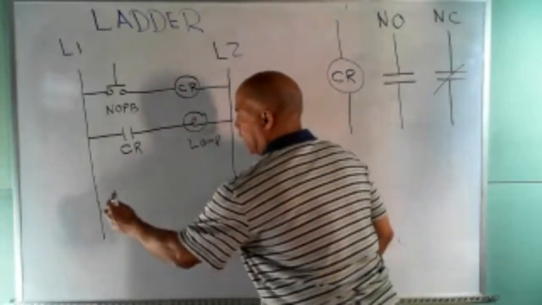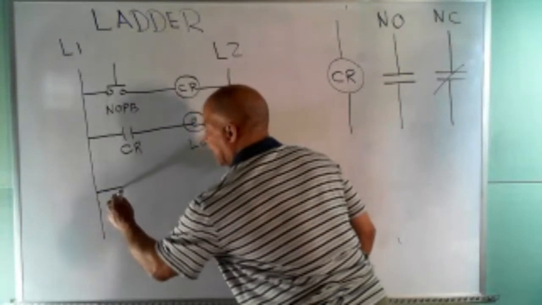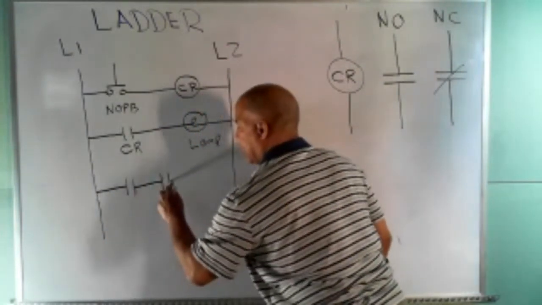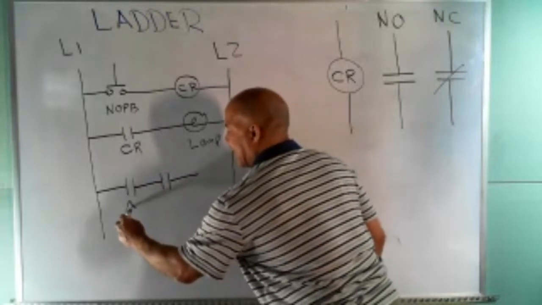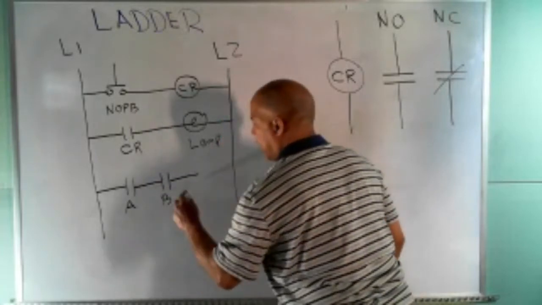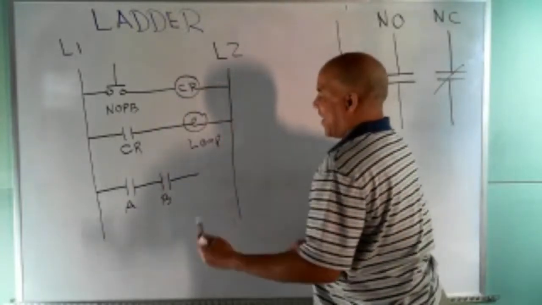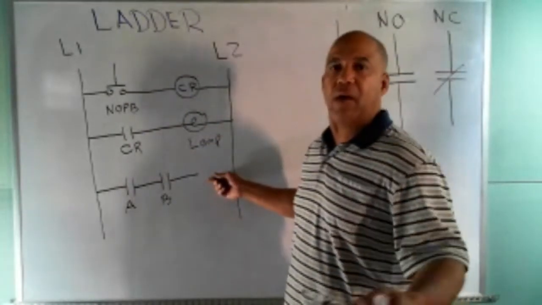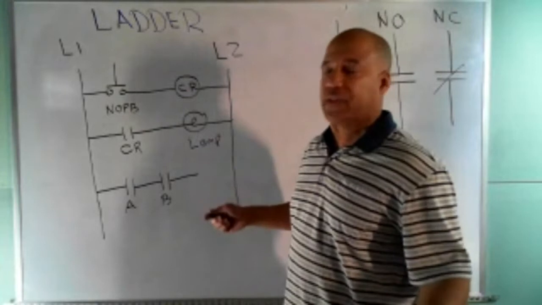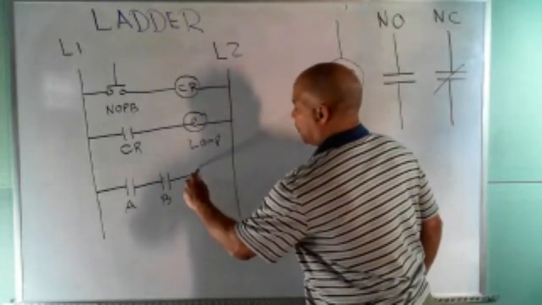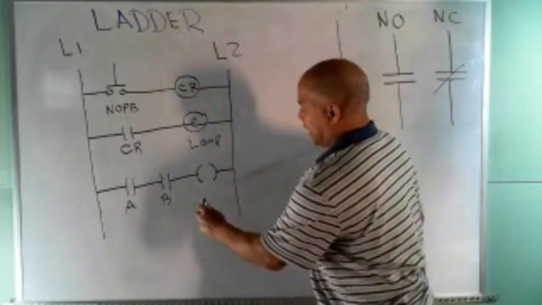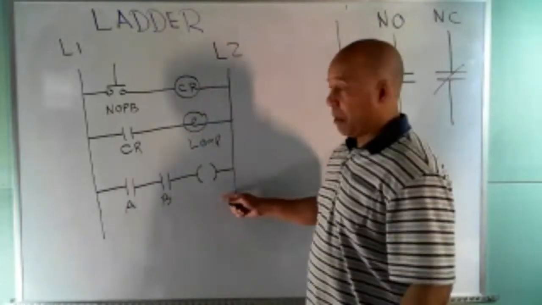What if I had a relay coil that controlled this contact and this contact? I'll call this contact A, this contact B, and over here, I could put a lamp, or I could put a motor, I could put something there, but what I want is any old device. So I'm going to just put some parentheses there. So that can be whatever you want it to be. This is some kind of output device. This is what we want to control.